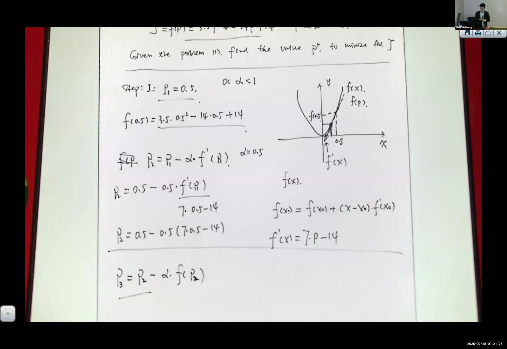If you wish, you can follow this one: P3. The P2 comes from here. Put P2 in here to get P3, right?